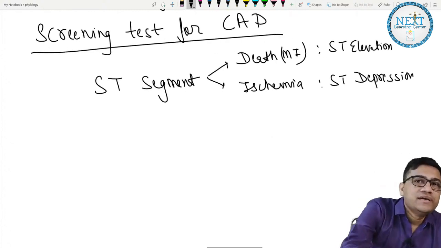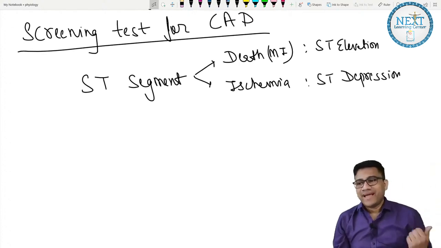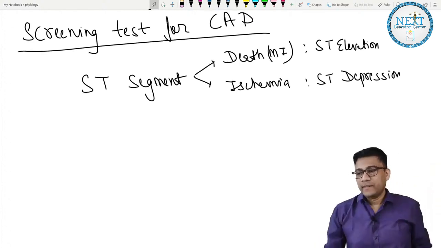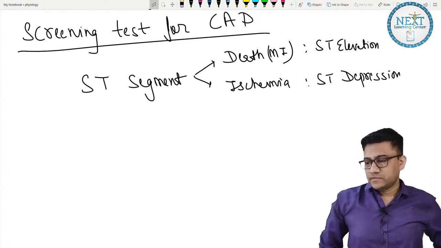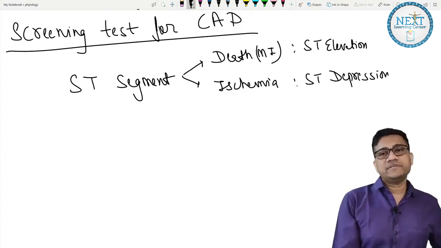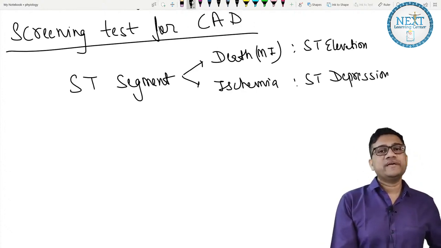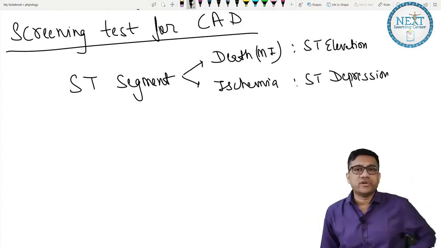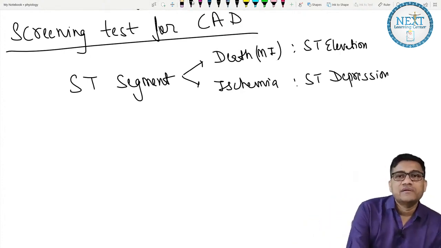So ischemia is primarily depression and MI is elevation. Clear? I think yes, it will be clinical, but again the NEET exam is the priority, so they will not do the complete change. The NEET exam still has the older guidelines. I cannot give exact detail, ask me after class.